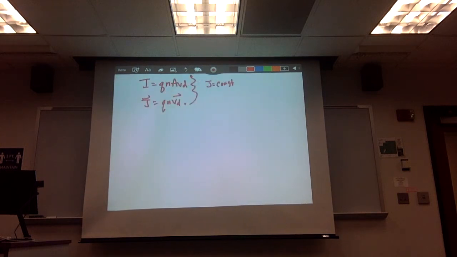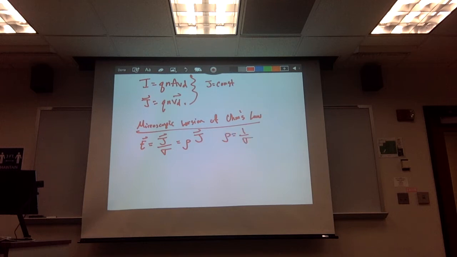So we found the microscopic version of Ohm's law. It says that the electric field is equal to the current density divided by the conductivity, which is the same thing as the resistivity times the current density, where the resistivity is inversely related to the conductivity.